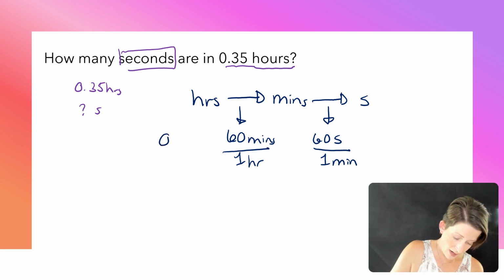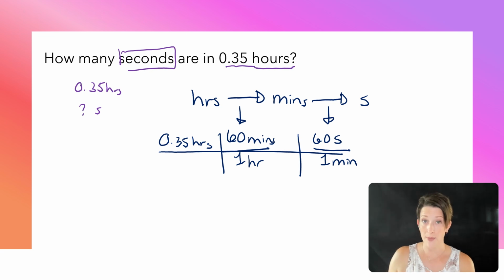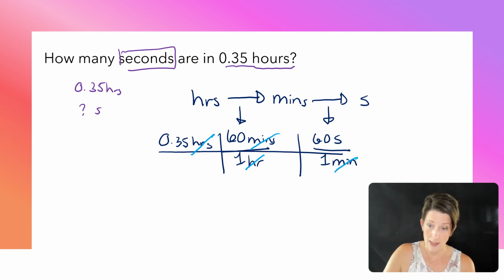Now I'm going to bring down the number and unit that I started with. Next step. Do I cancel out all the units I need to and end up with the unit I am looking for? Hours, top, bottom, cancel out. Minutes, top, bottom, cancel out.